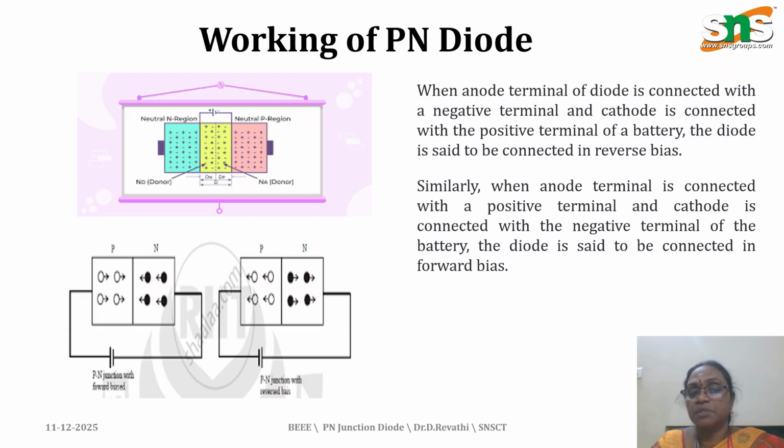In forward bias, based on the material, if you apply more than 0.7 or 0.3 volt, the depletion region will break down and the current flow will start from P to N or N to P. So based on this we can say that a PN junction diode works only in forward bias.